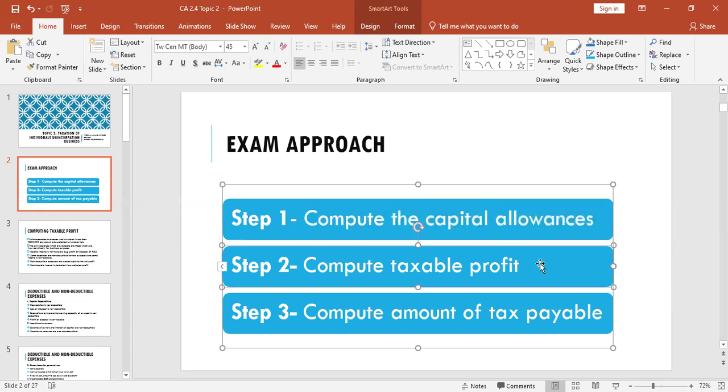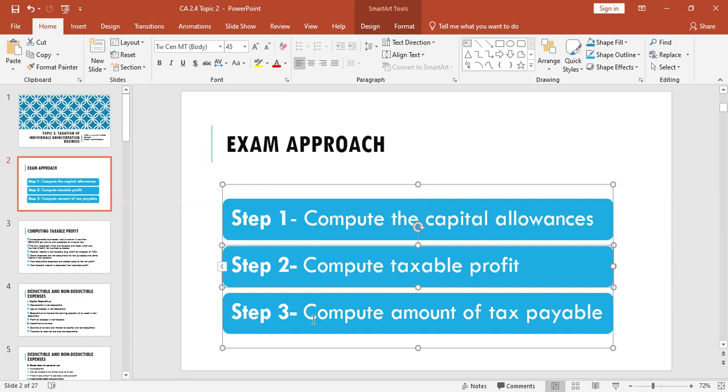Then after that, you need to compute the taxable profit. On the taxable profit, this is where we have the non-taxable expenses and the taxable expenses, and the non-taxable income as well as the taxable income. This is where we first calculate the amount that we're going to charge tax on.